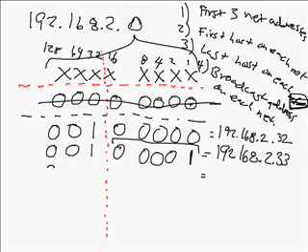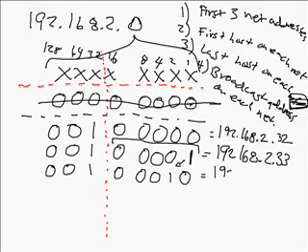Now the second address, and I told you I only wanted you to find the first host and last host, I'm just going to show you how we would find the second. It would simply be this, just counting up one increment in binary, going up to the next number.